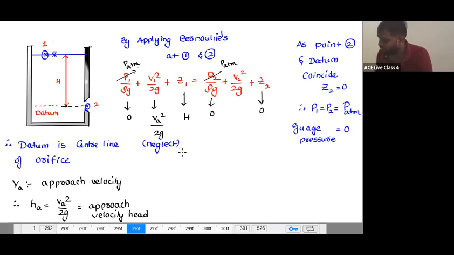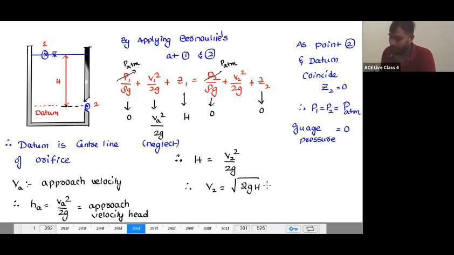And now from this, can I write H is equal to V2 square by 2G, and V2 is equal to root of 2GH, where V2 is nothing but the velocity at the orifice opening.